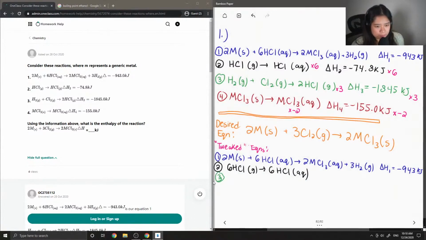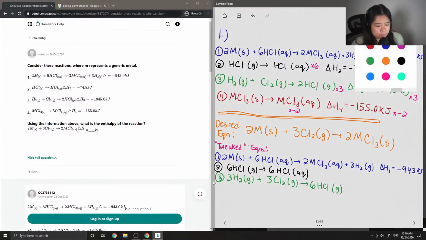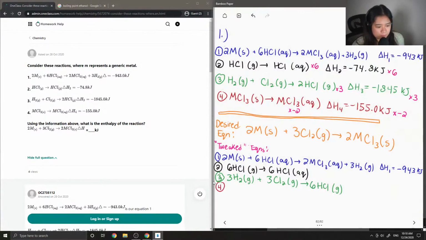For 3, we just multiplied by 3. And lastly, we switched our reactants and our products, and we multiplied it by 2 as well.